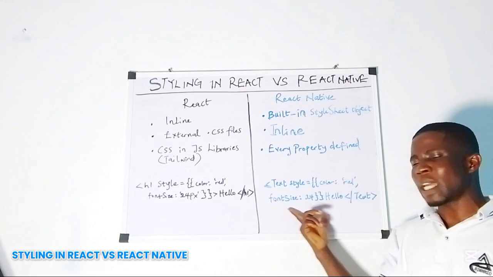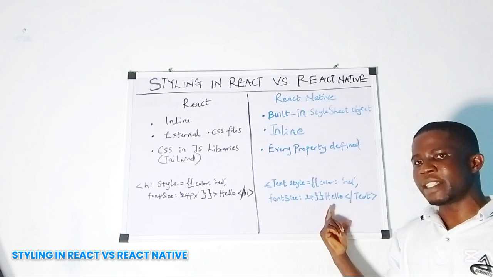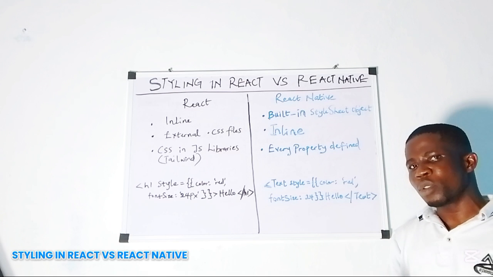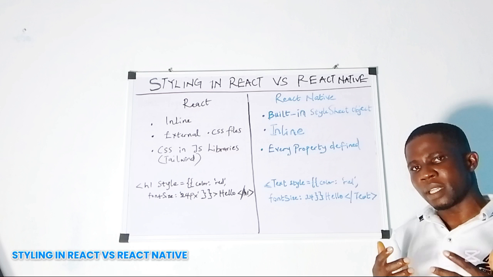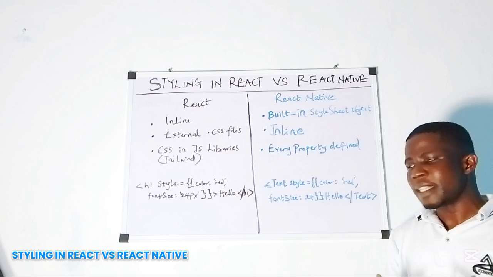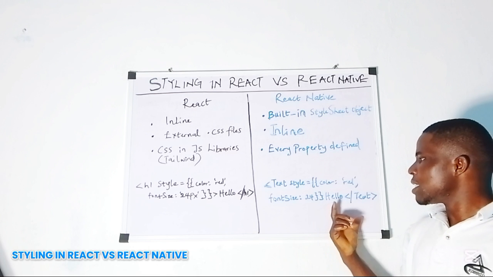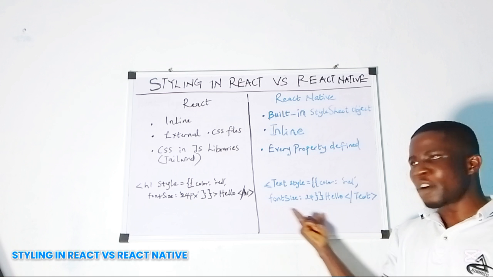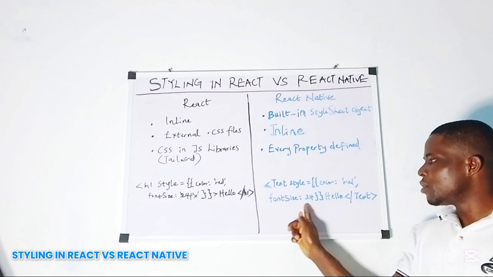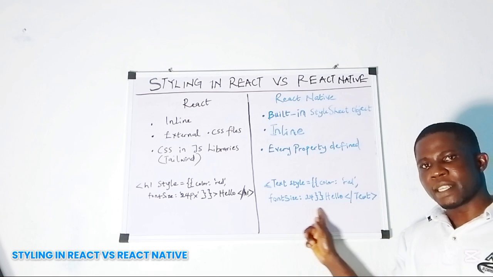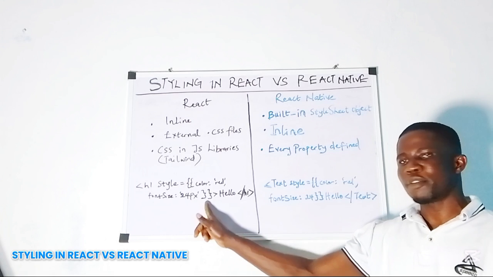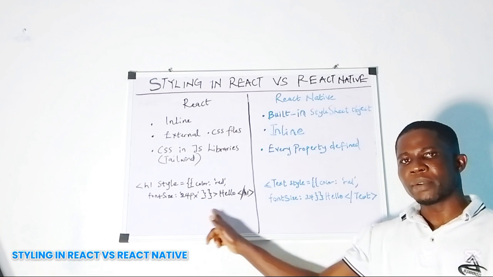But if you look at what I have here in my React Native, just the same code but a different pattern, a different way of doing it. Here, I basically add the font size, but I don't have to specify the pixels just as I specified in my React.